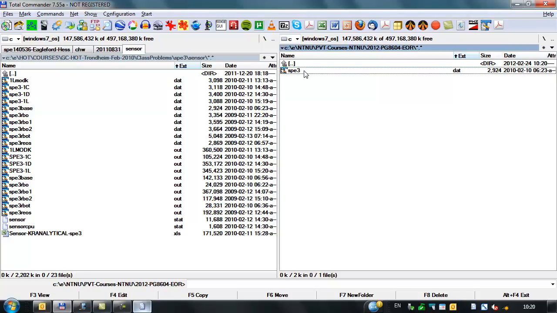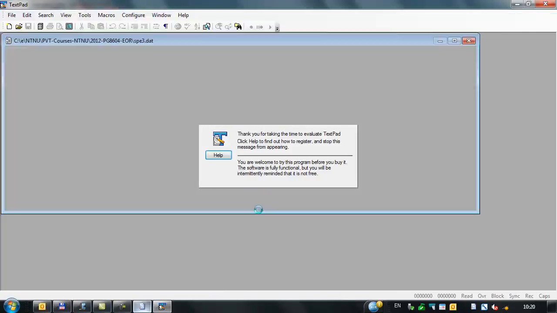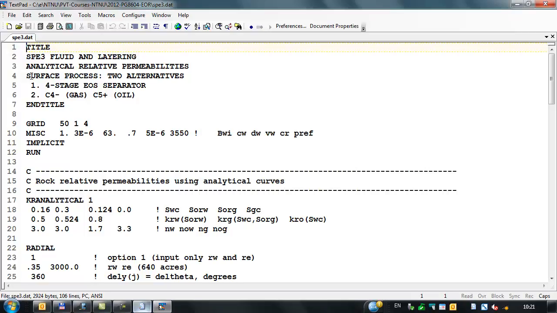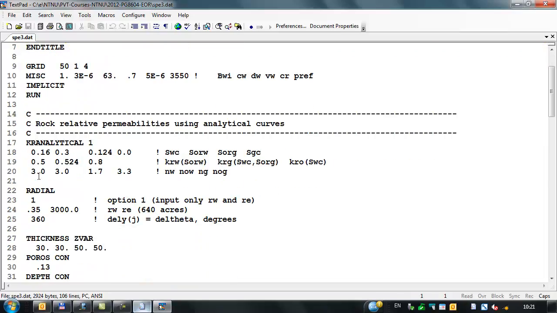All right. Let's see here. We can just look at the simulator data set. We've got two alternative surface processes set up. That's good. We'll probably use the C4- and C5 plus in what we do.